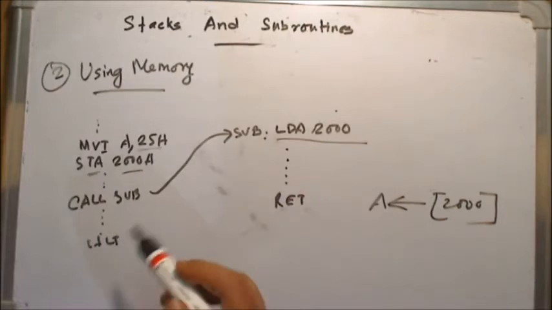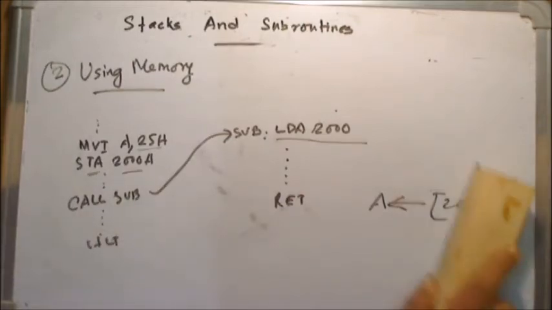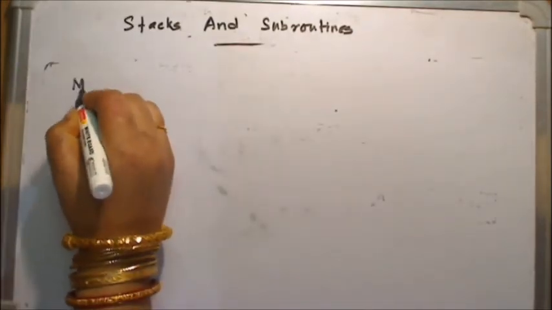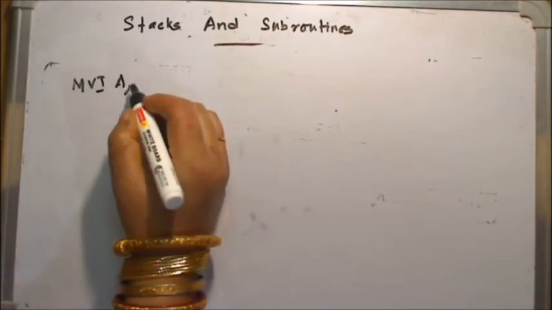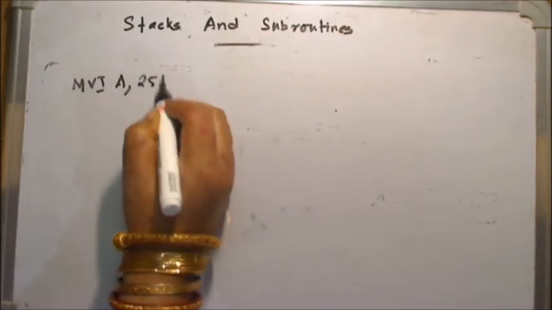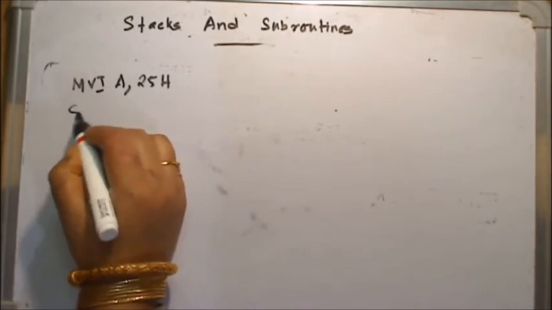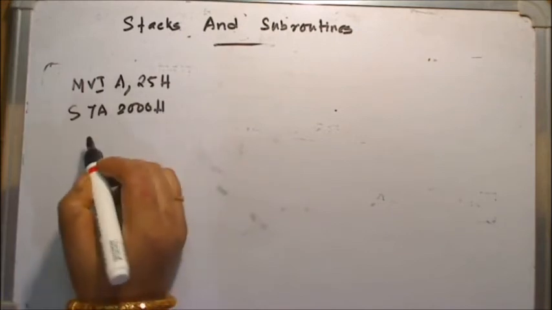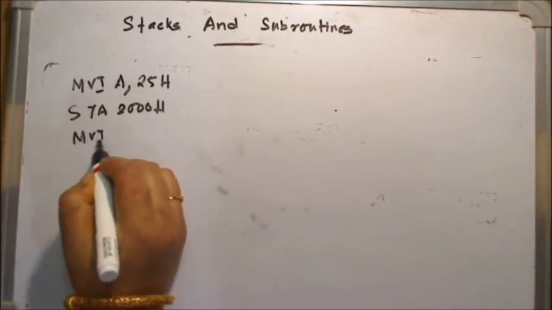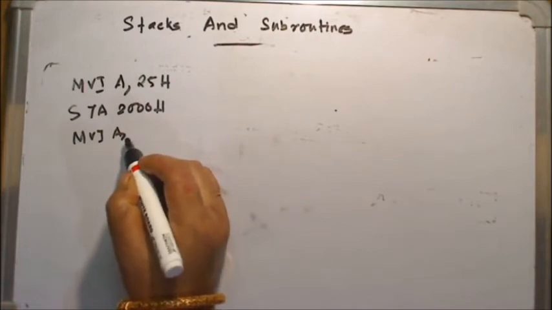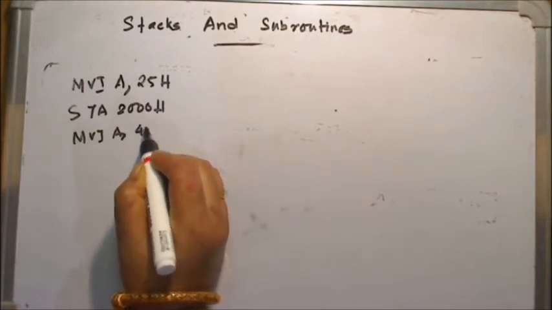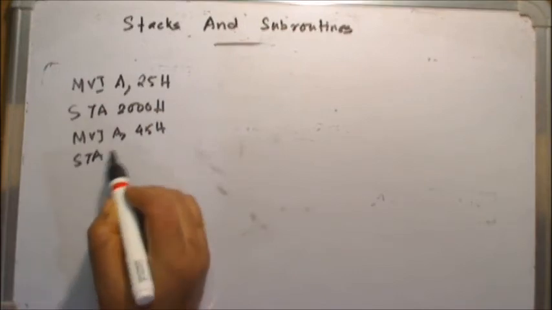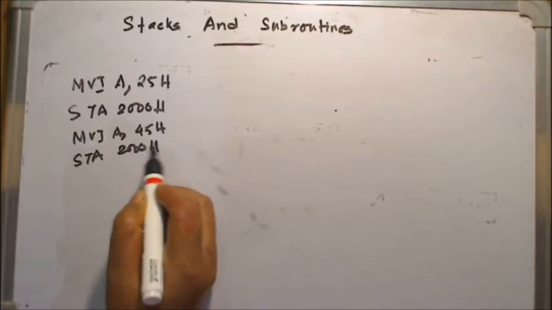Okay, now let me make it more clear. Let us start a program. MVI A, 25H. Okay, then STA 2000H, then MVI A, 45H, then STA 2000H.